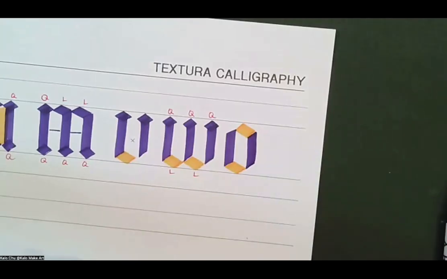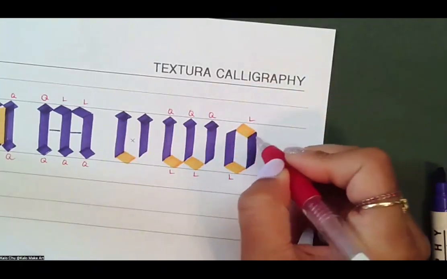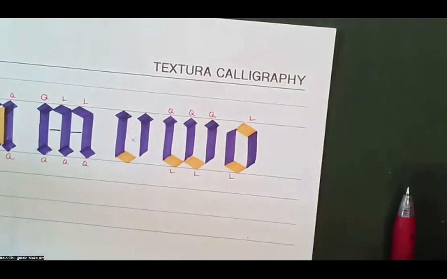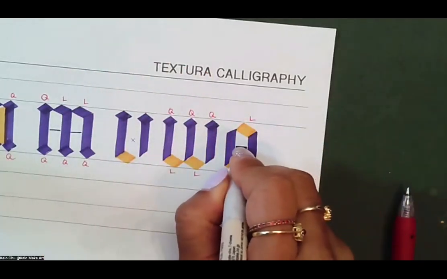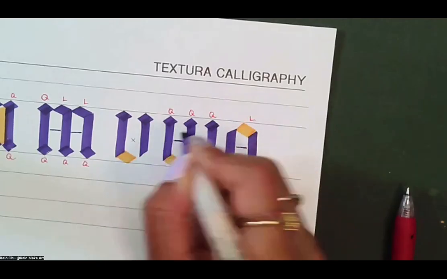Okay, so you need to open it up a little bit because otherwise the O can be a little bit too narrow than one pen width. So the idea is you want to have like the one pen width, the one pen width here.